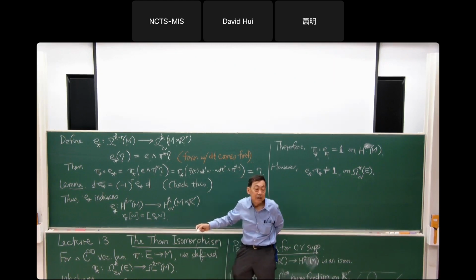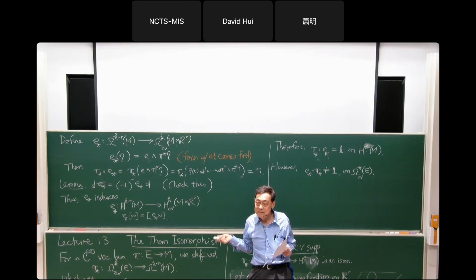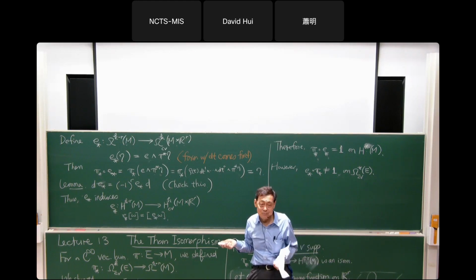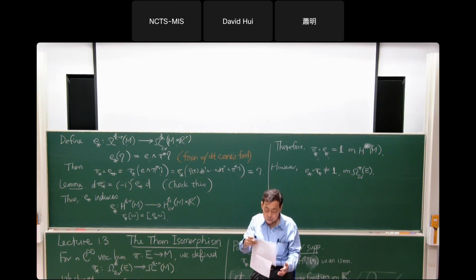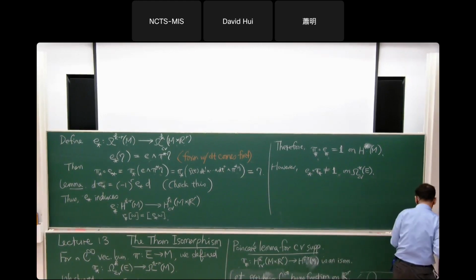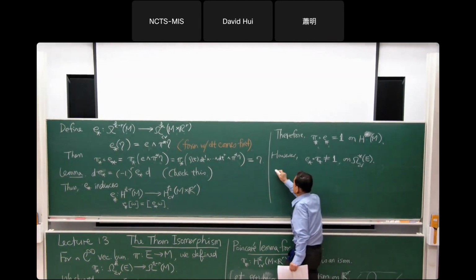So how do you get the identity on cohomology when it's not the identity on forms? What do you try to find? Yeah, you want to find a cochain homotopy, okay? And this is very much like what we did before. So we have to define a cochain homotopy, and we first define it on a chart.